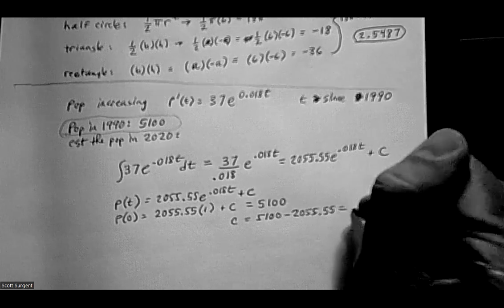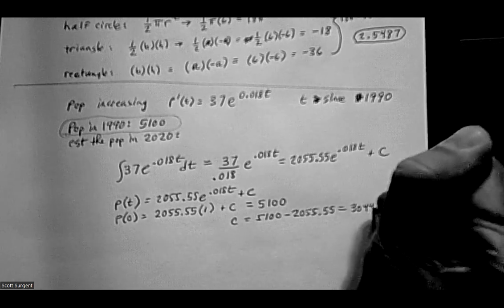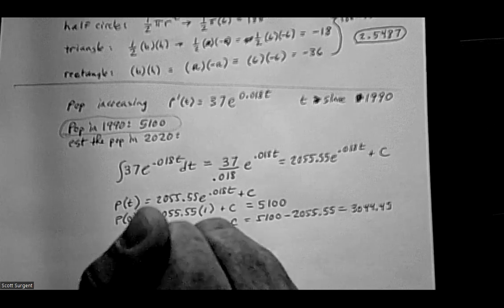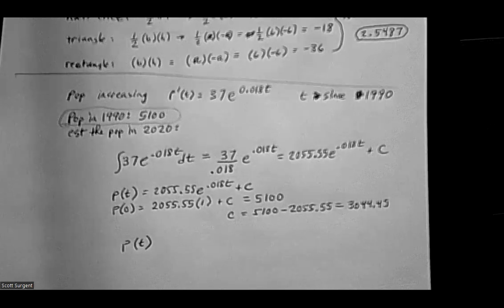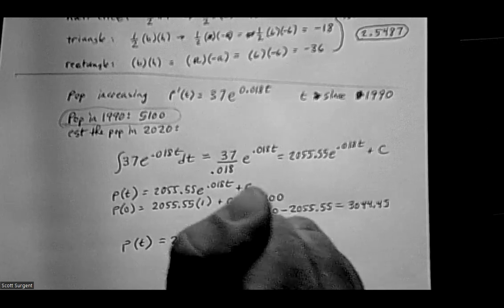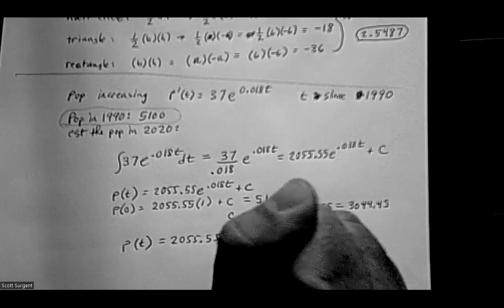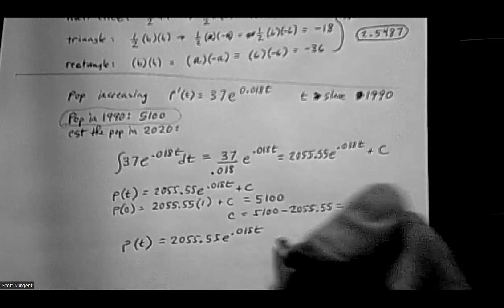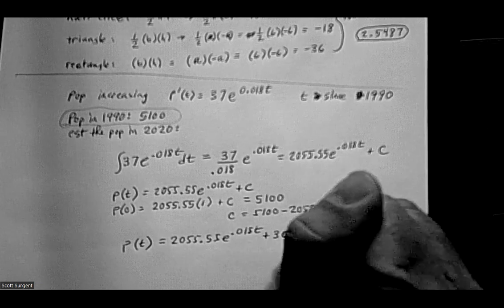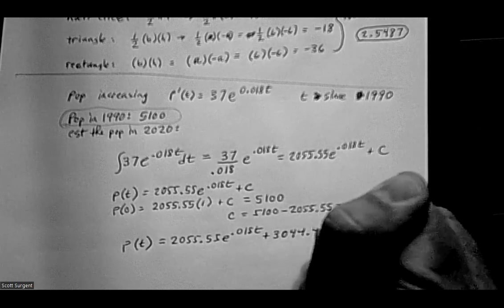I get 3044.45. So the full function is 2055.55 e to the 0.018t plus 3044.45.